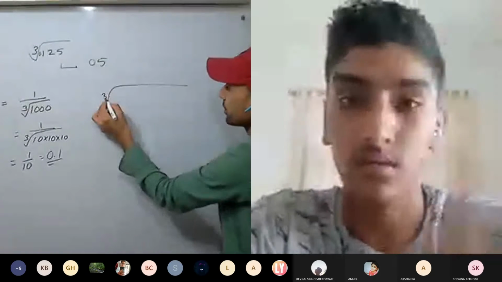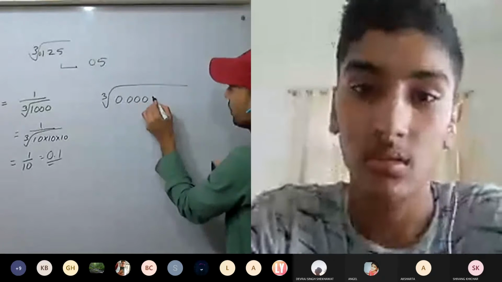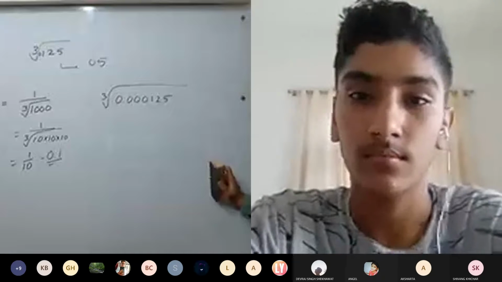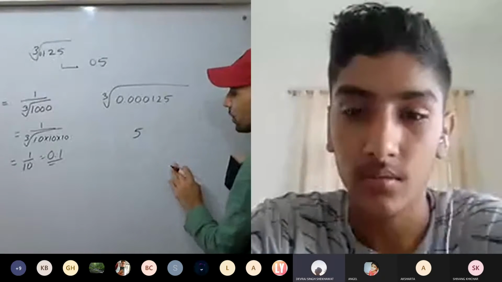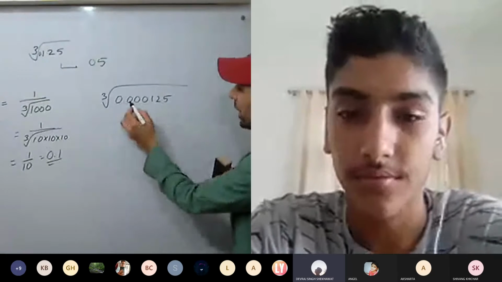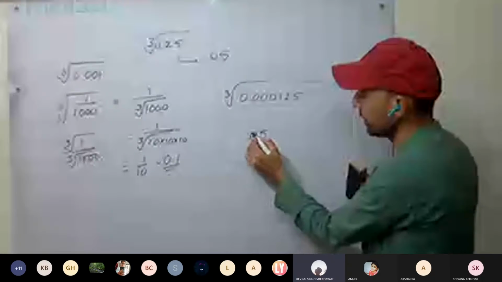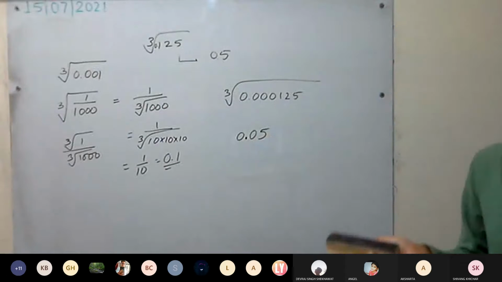Give me this one: 0.000125. The cube root of 125 is 5, and the answer is 0.05. How many decimal places? 6 decimal places, so 2 decimal places, 0.05. Have you all understood?